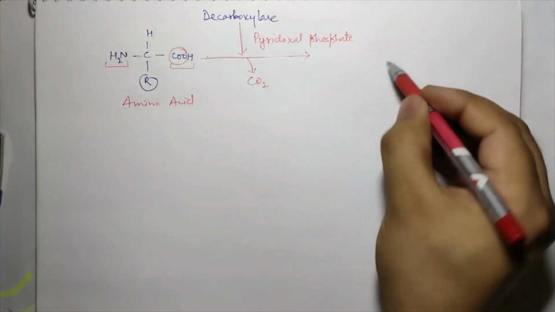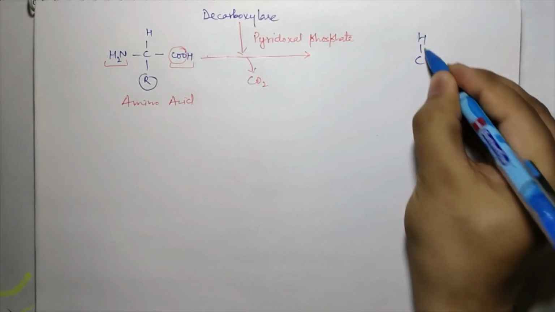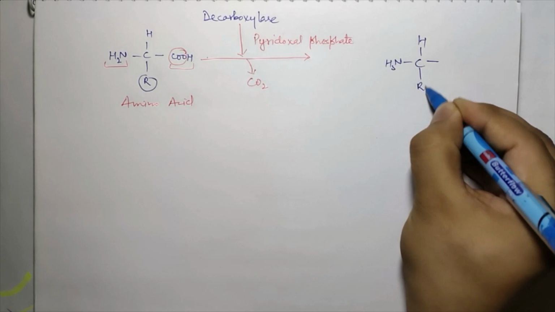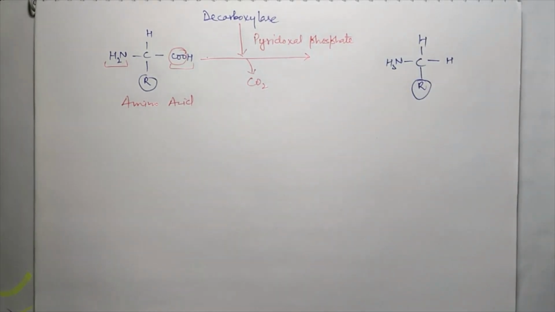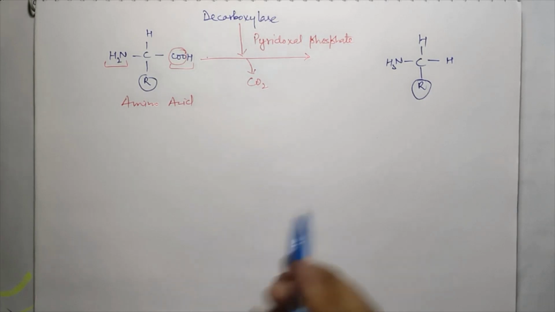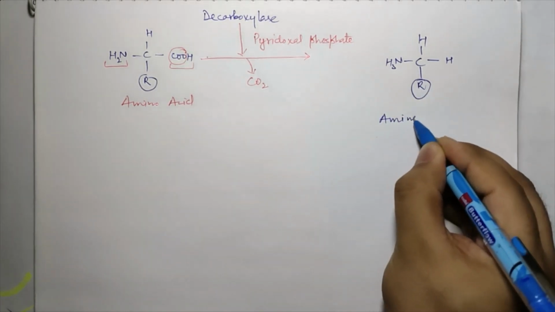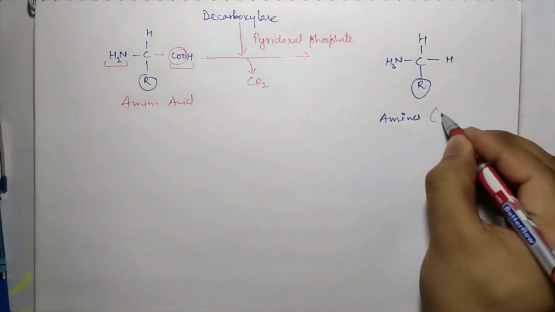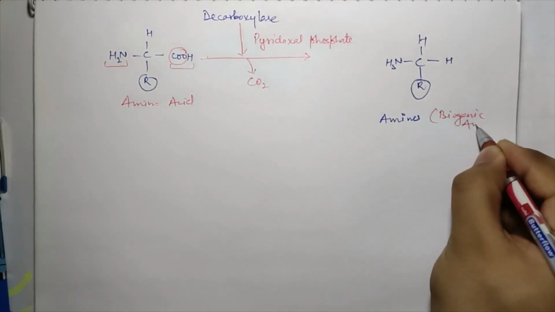The resulting structure has the amino group and side chain, but the carboxyl group has lost its carbon dioxide, and such resulting structures are called amines, more appropriately biogenic amines.